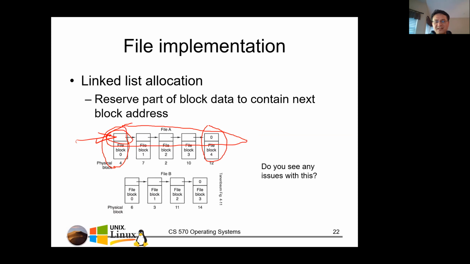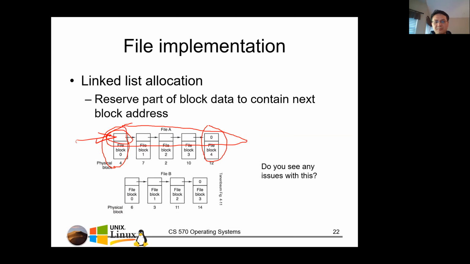But many programs like reading and writing in blocks whose size is a power of two. With the first few bytes of each block occupied by a pointer to the next block, reads of the full block size require acquiring and concatenating information from two disk blocks, which generates extra overhead due to the copying. So this is not ideal.